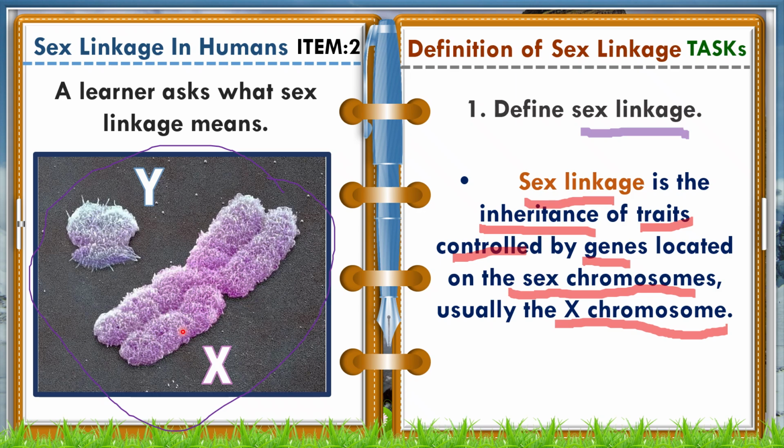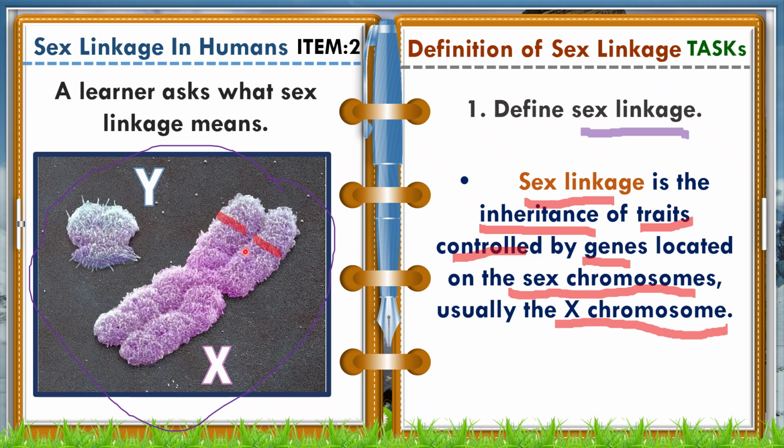So we have two chromosomes here. We have the X chromosome and we have the Y chromosome. But usually the color blindness gene is always located on the X chromosome, but not on the Y chromosome.